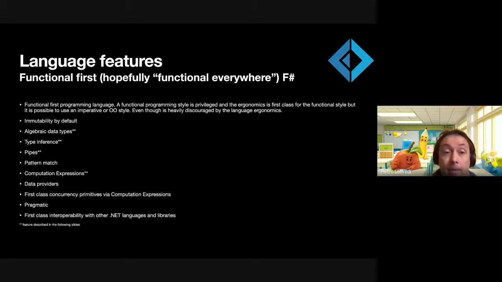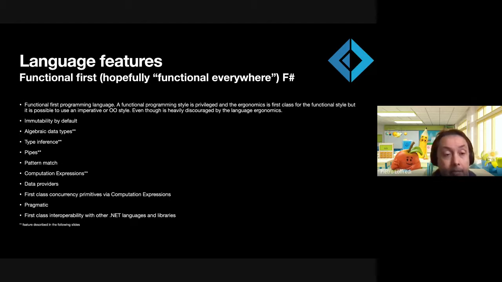Immutability by default is another feature I like in any language, to be honest. Then the algebraic data types, type inference, pipes, pattern matching, computation expressions, type providers, and first-class concurrency primitives implemented via computation expressions.